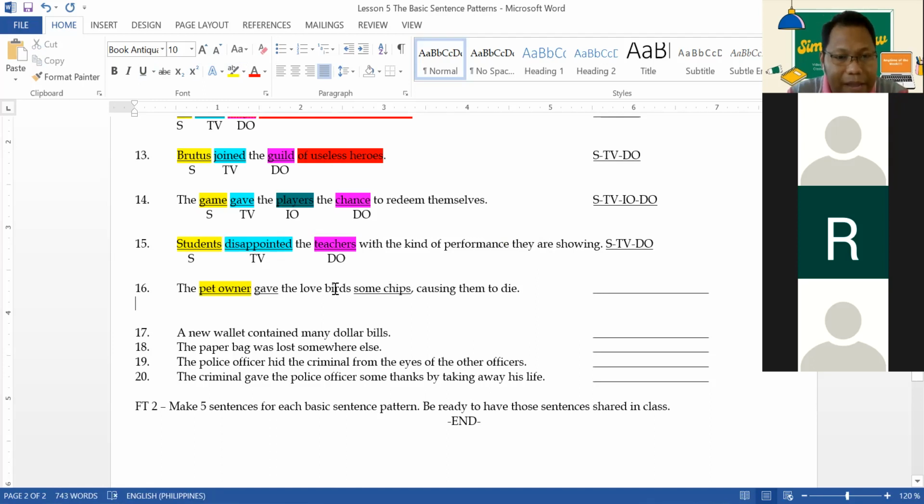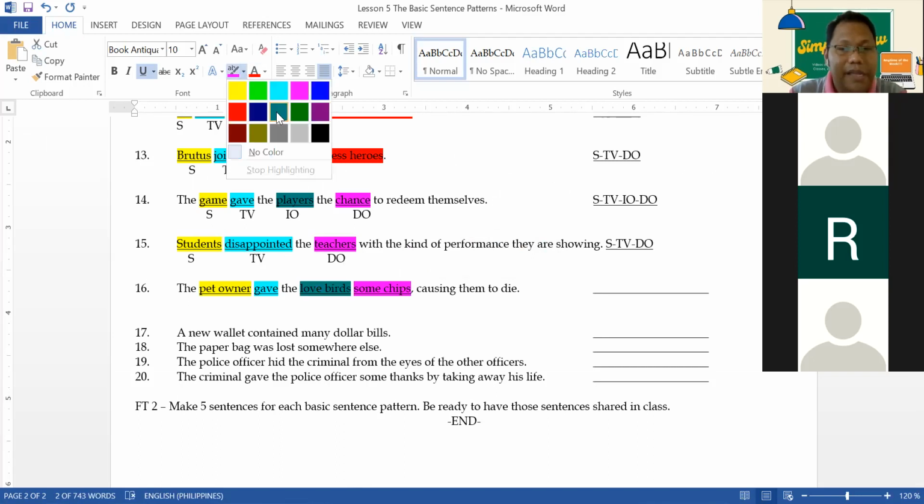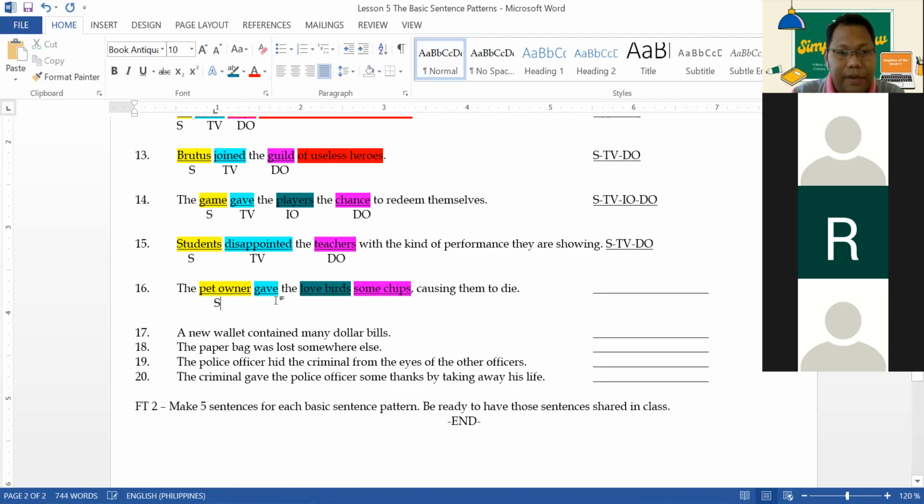For whom were those chips? For the birds or for the lovebirds? Since gave is our verb and there's a direct object, we shall color that with blue for the transitive verb. We have a direct object and that's chips. For whom were the chips? For the lovebirds. Lovebirds will be our indirect object.